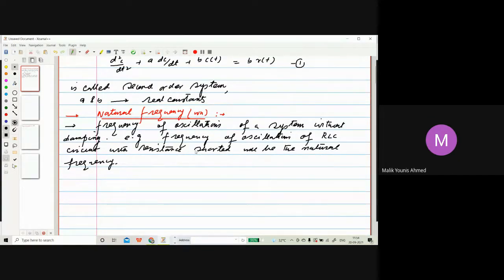There should be no damping. Whatever oscillations we get from the system, we should not damp those oscillations, and that is called the natural frequency.